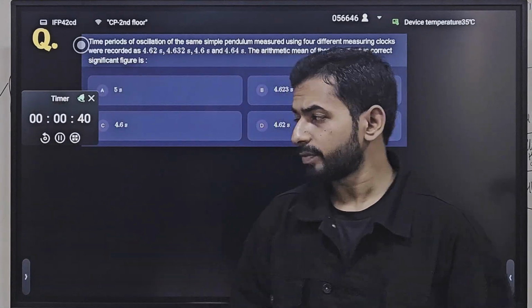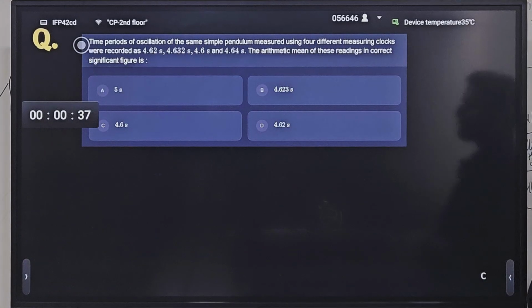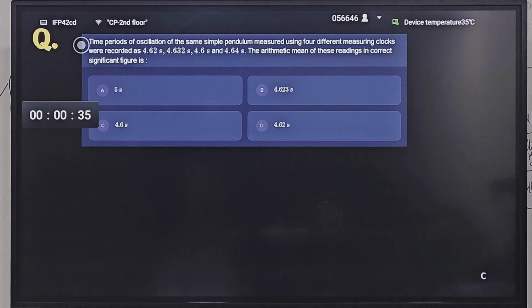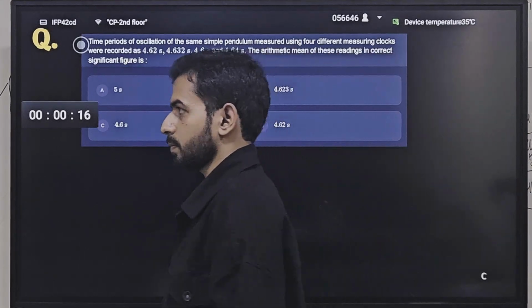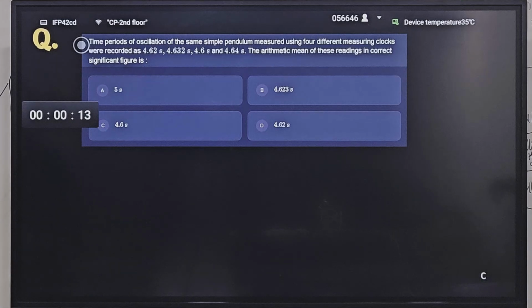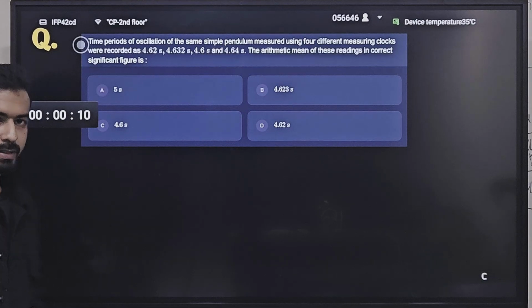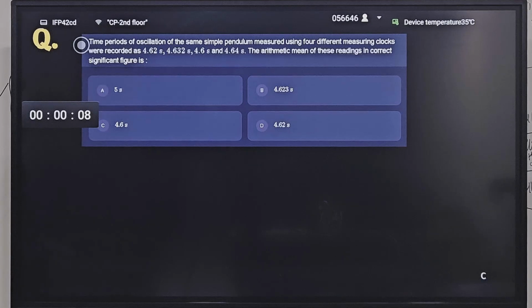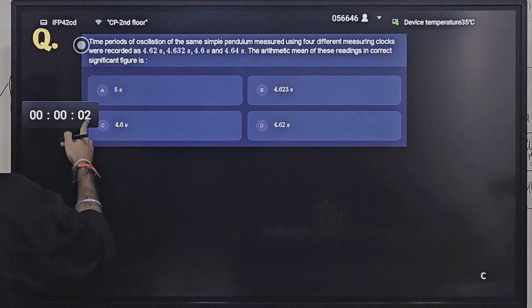Now this is a question for significant figures. Done.